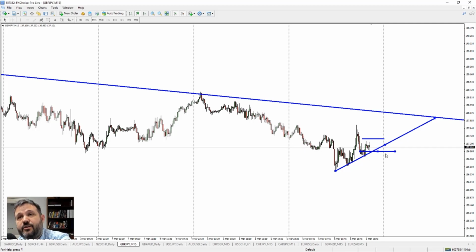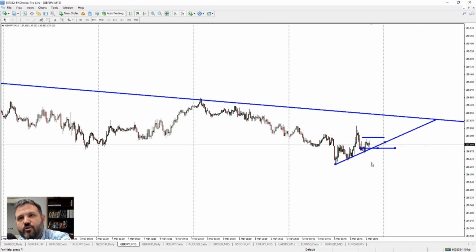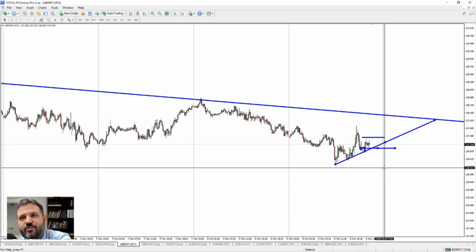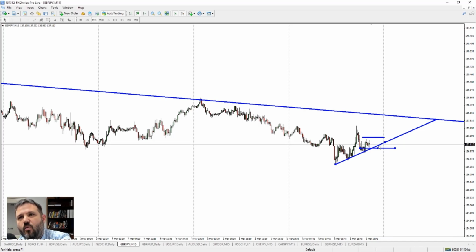If I ended up getting up about 35 pips, then I might want to consider locking in some profit. Or what I like to do to give it a little more room is, if it gets up to 70, which is a 2-to-1, then lock in 1-to-1. So here's the stop loss.